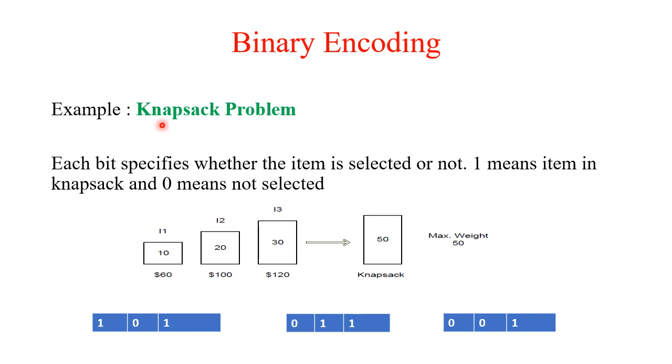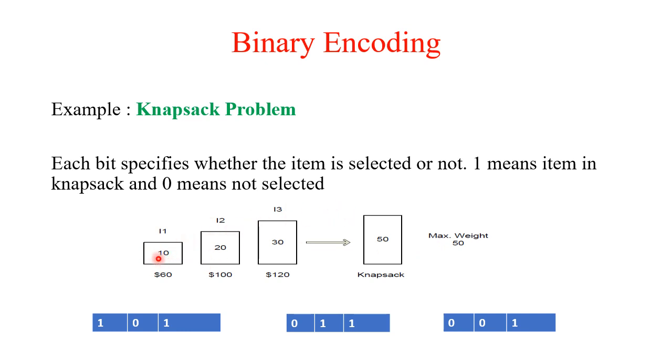For example, in the knapsack problem, here we have a knapsack of maximum weight 50 and 3 items. We have to select items such that it never exceeds the maximum capacity of the knapsack. Here binary encoding mechanism is suitable, where 1 means the item is selected, 0 means the item is not selected.